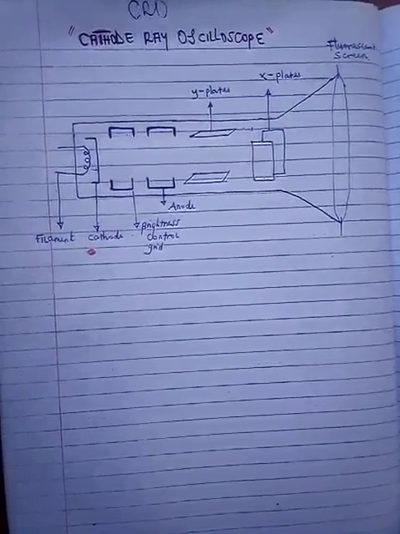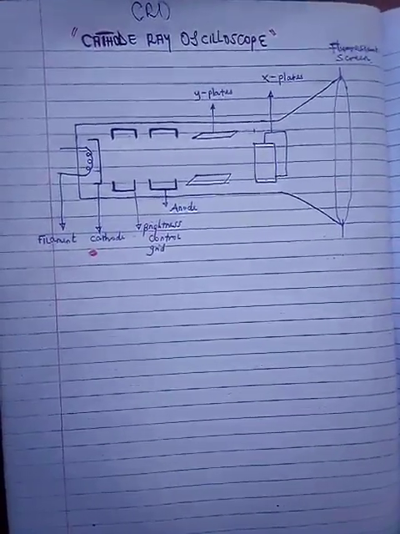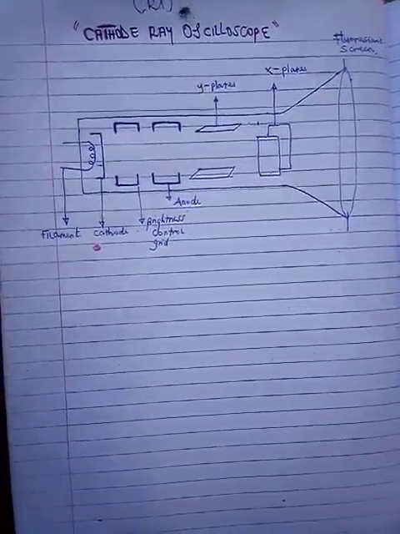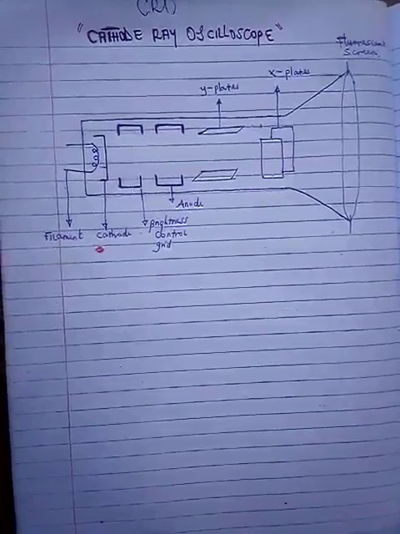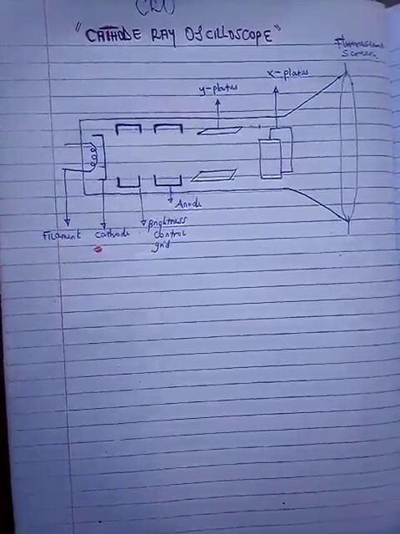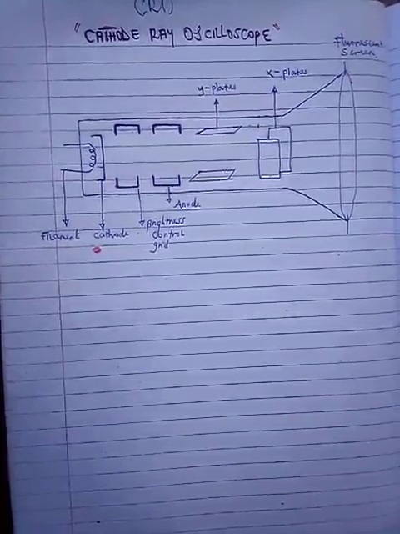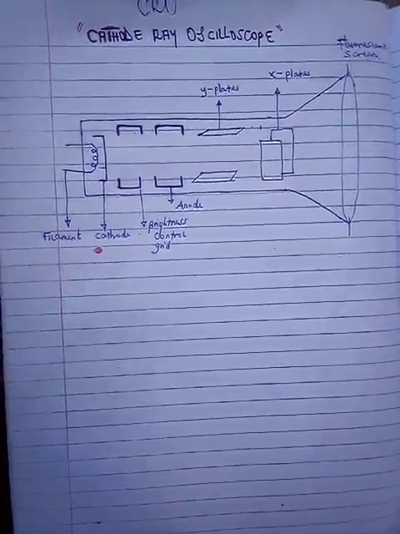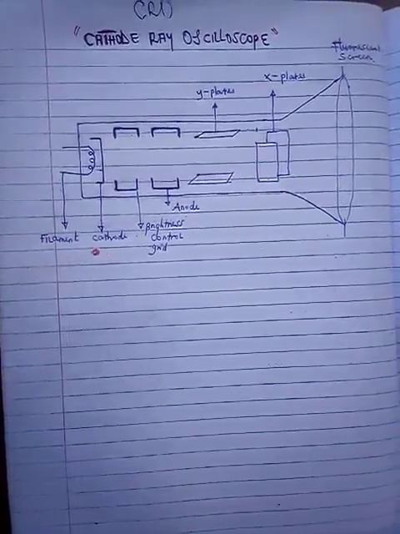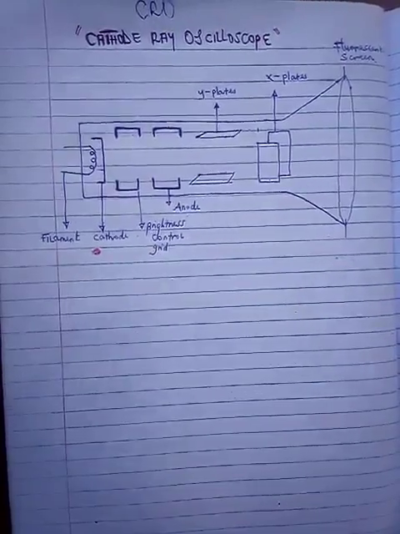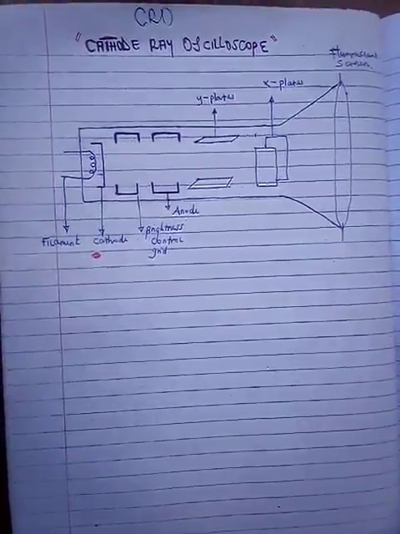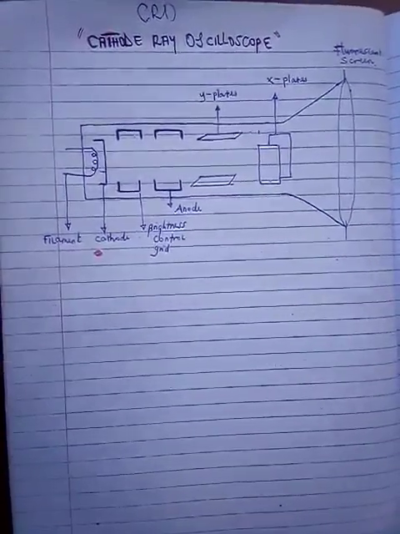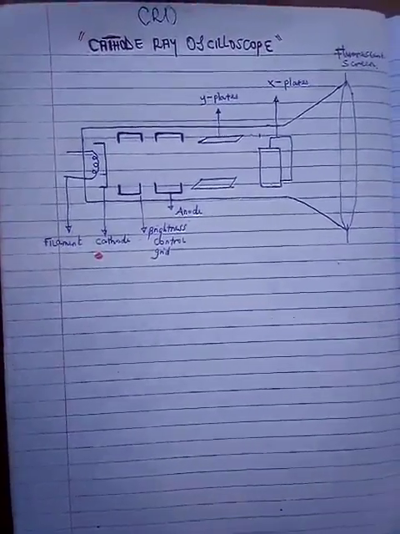Cathode rays are streams of electrons that are emitted from a heated metal surface. They should not be mistaken for beta particles or beta rays, which are streams of electrons emitted from the nucleus of a radioactive substance.